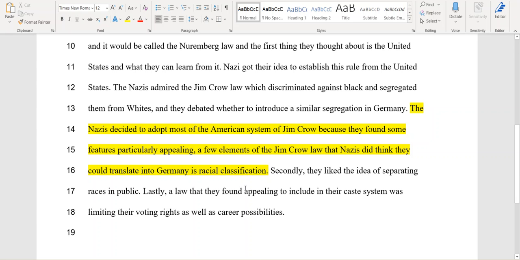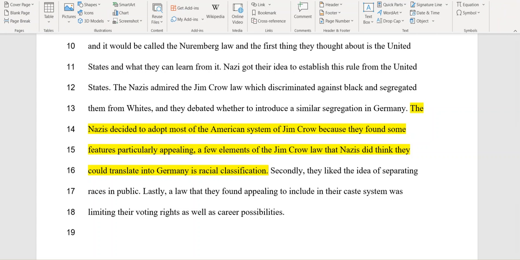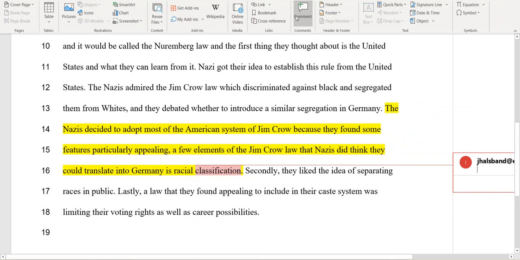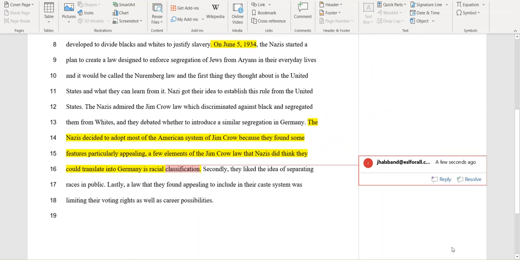So right now, I'm just going to indicate that I think it's a thesis statement, but it's in the wrong spot. The way that I can do that is I can go to insert, and then there should be a place to insert comments right here. And then I just need to make this a little bit smaller now, and just write it out to myself.